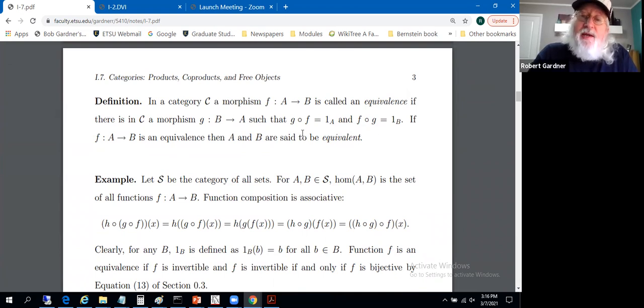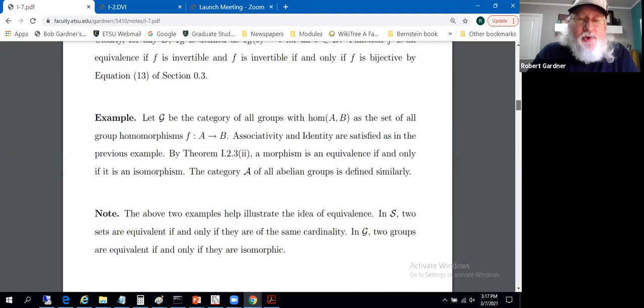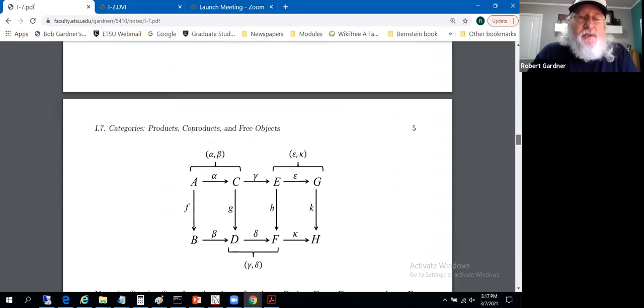Compositions in two directions that give identities. In that case, then objects are equivalent. So we want to show the objects, the products P and Q, are equivalent. We want mappings F and G that compose to give an identity. So that's how we'll show equivalence.